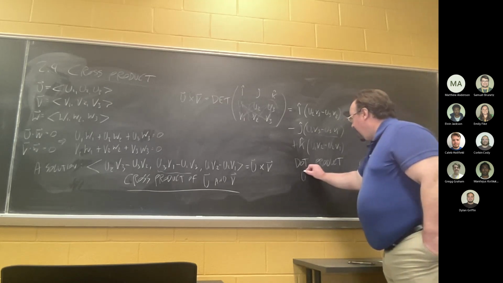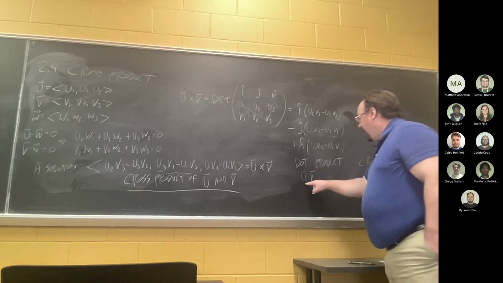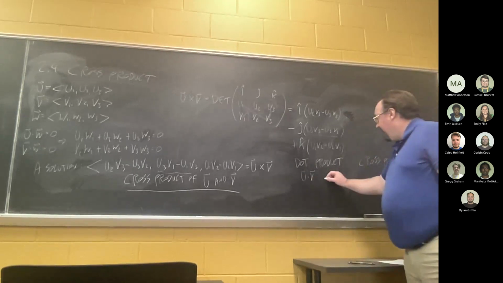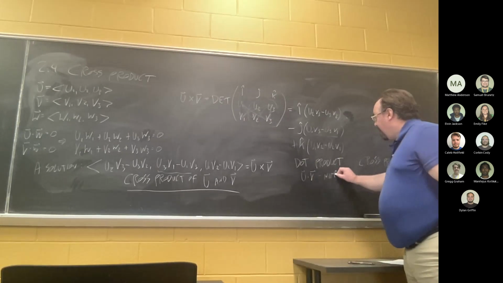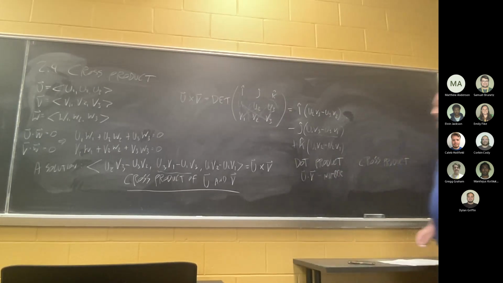The dot product of two vectors u and v, indicated by the dot in the middle, is a number. Whereas u cross v, the cross product, the result of that is a vector. So we're very different animals here.